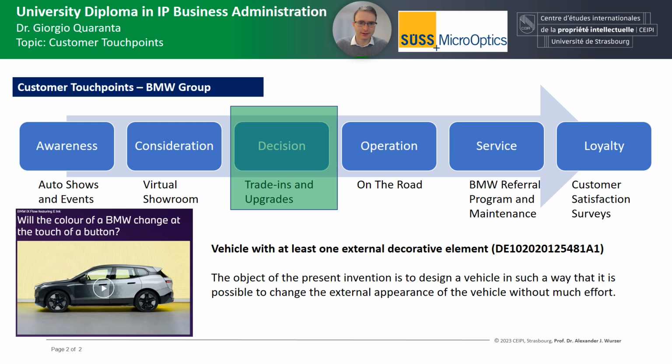What I found is that one of the main issues in buying a car is choosing the color, because the color of the car can't easily be changed afterwards. Here we see how BMW plays actively in those customer touchpoints, because they filed an application to secure a concept technology that allows the color and shades of the car to be changed dynamically and electronically. It is clearly applied within the framework of customer touchpoints and the customer journey, because they want to make choosing the color easier, simpler, and more appealing, to ultimately increase customer satisfaction.